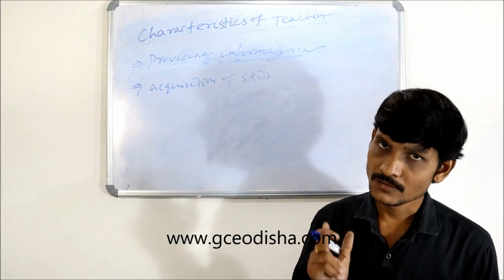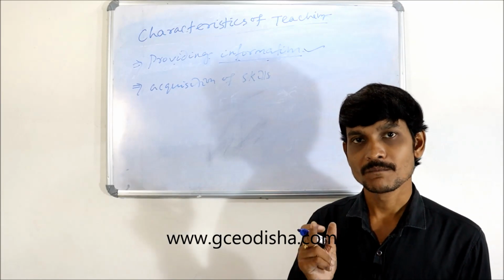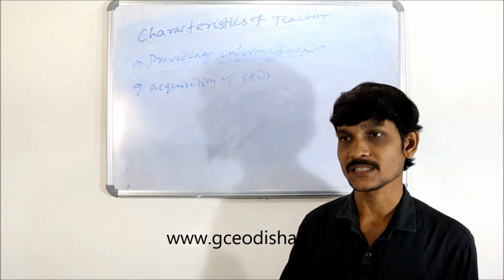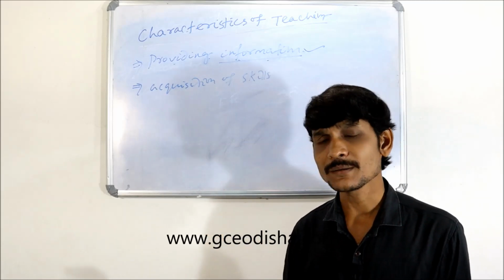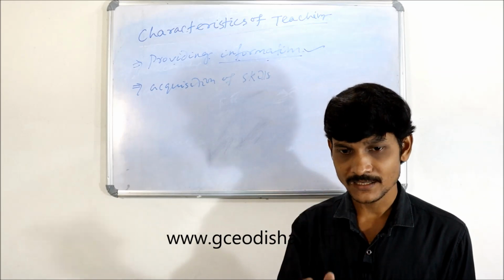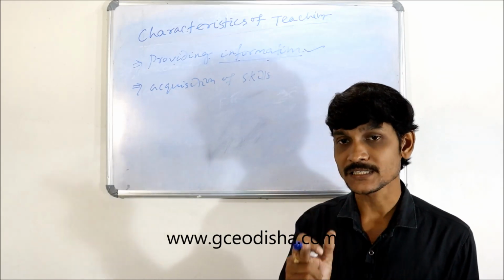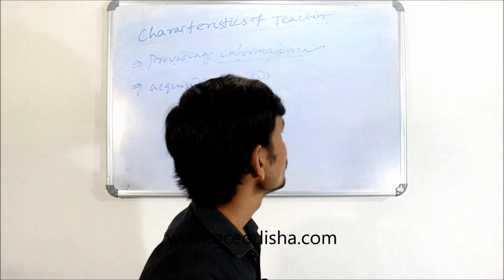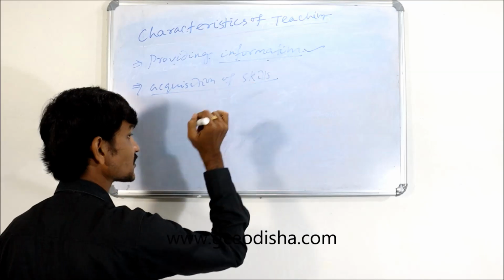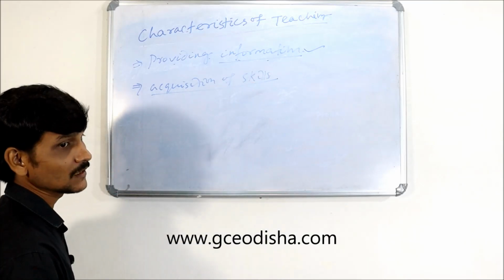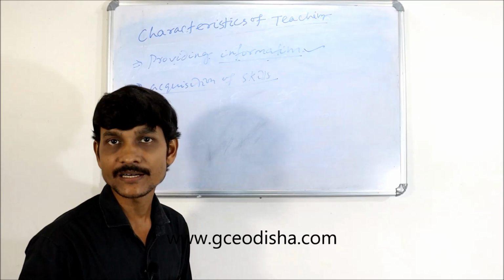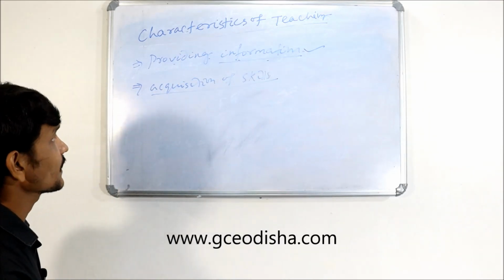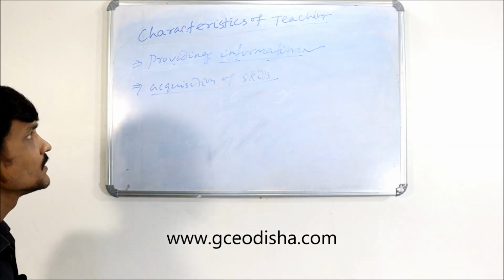If teachers ensure their topics, their interest, their experiences, their content, the individual's behavior, no doubt that teacher may become an ideal teacher. So for acquisition of skill, teachers should know in which way I will develop the skills according to my content. Then no doubt the teaching program will be successful. This is another aim of the teacher, acquisition of skills.